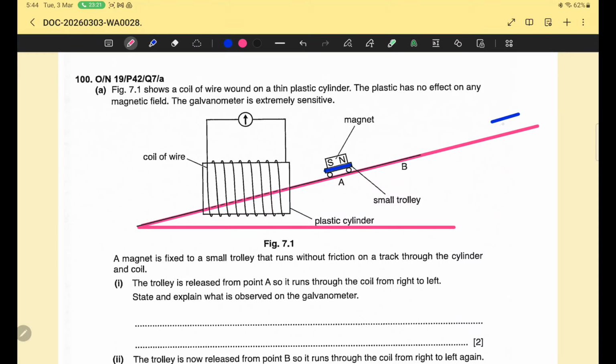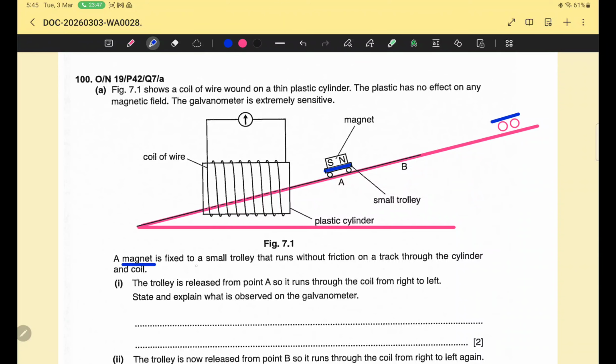Consider, when the small trolley is at a large distance, then obviously no magnetic line is passing through the coil. When the bar magnet on the trolley is at a large distance from the coil, then there is no magnetic flux. Coil is not cutting magnetic field lines. But when the magnet is released, now read the question.